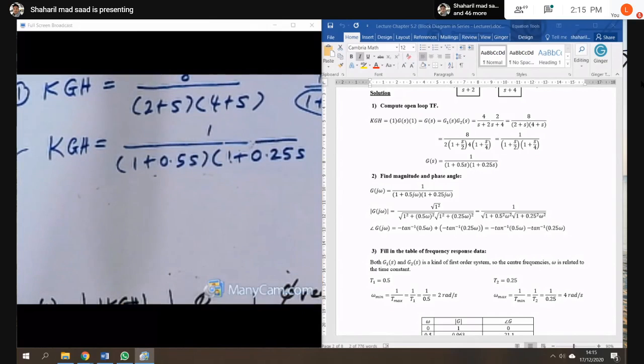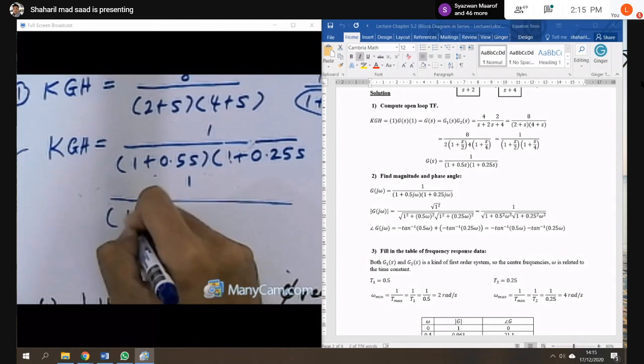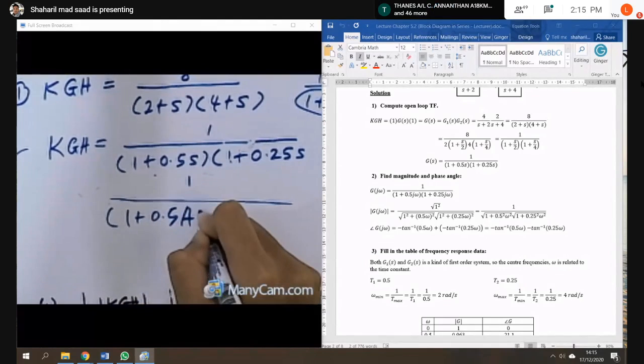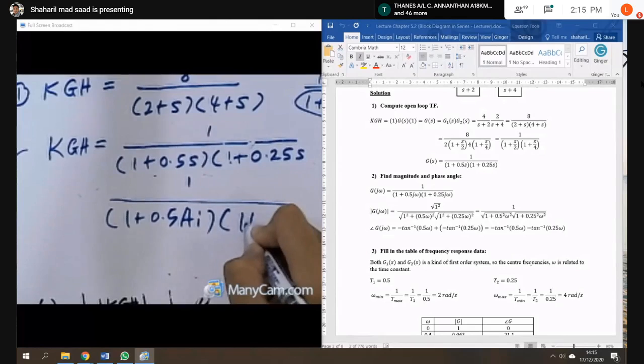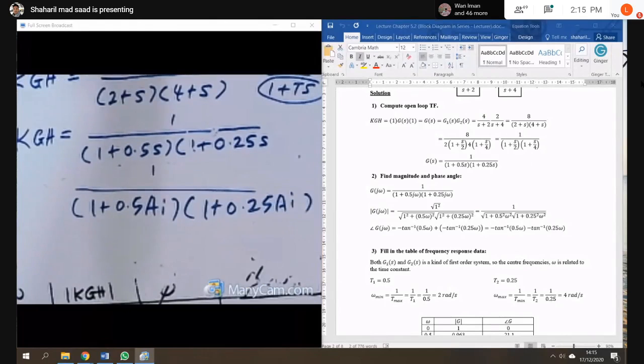You put in your calculator 1 plus 0.5 AI, 1 plus 0.25 AI here.